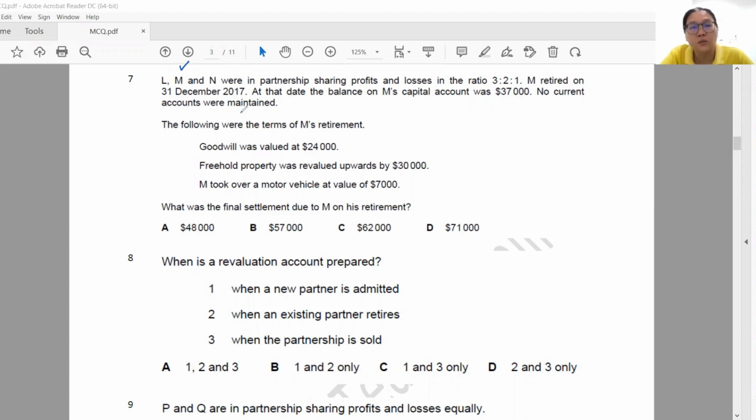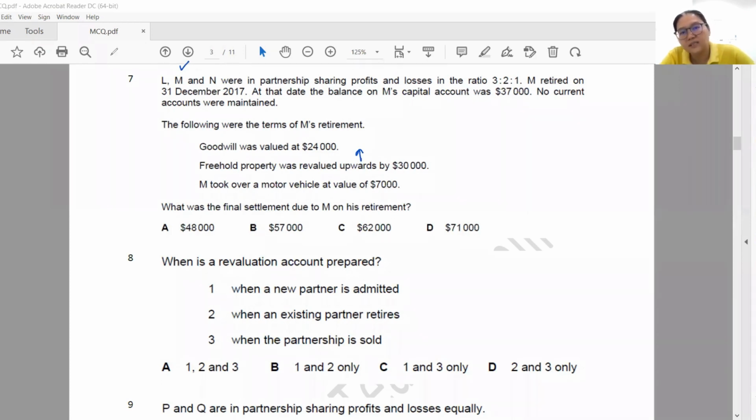No current accounts were maintained. The following were the terms of M's retirement. Goodwill was valued at 24,000. Freehold property was revalued upward. Upward means increase. M took over a motor vehicle at a value of 7,000. What was the final settlement?